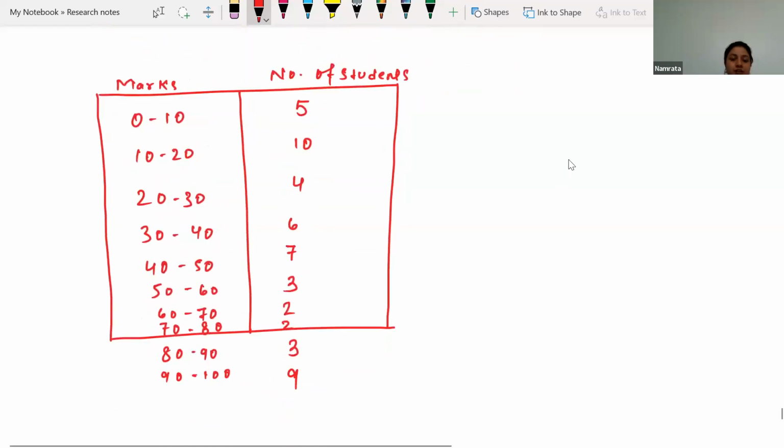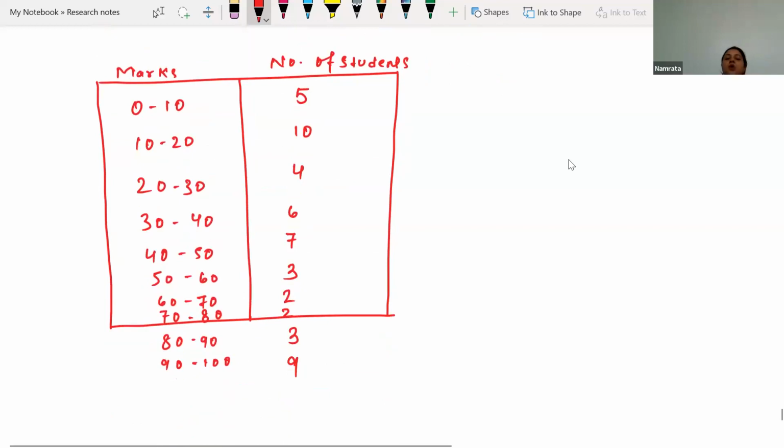These are the given information, and we have to draw the frequency polygon.